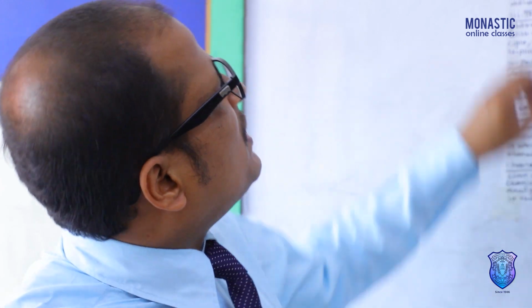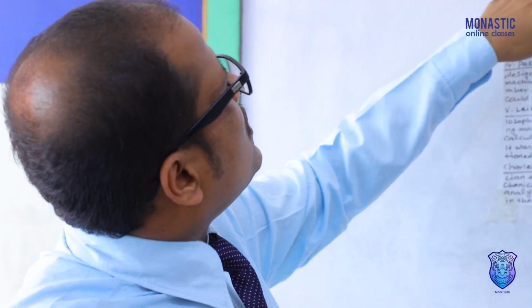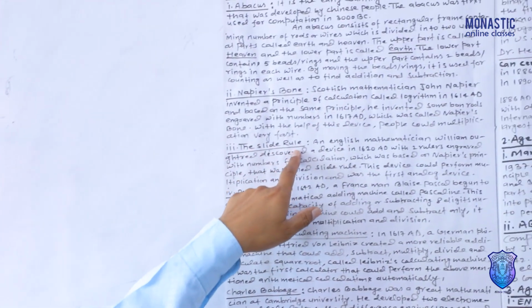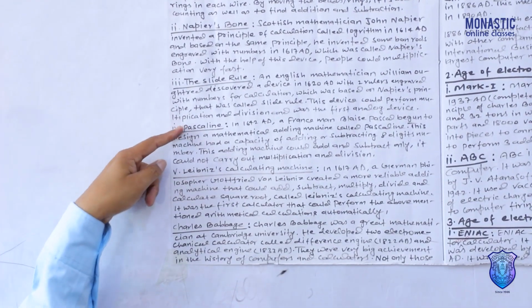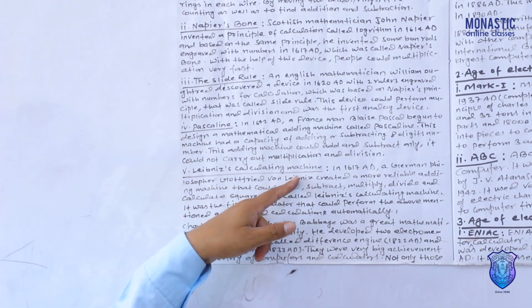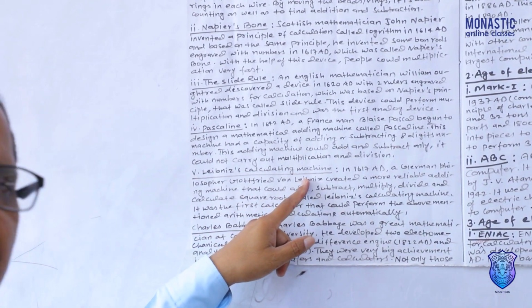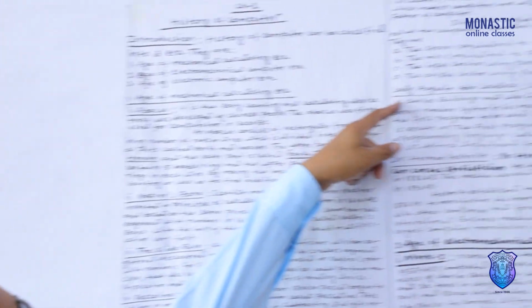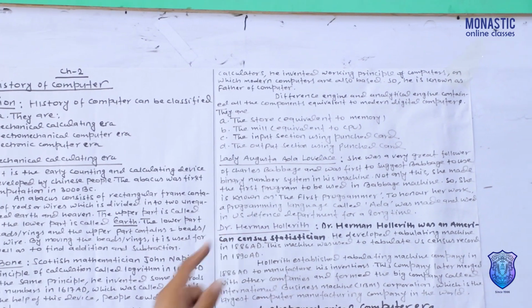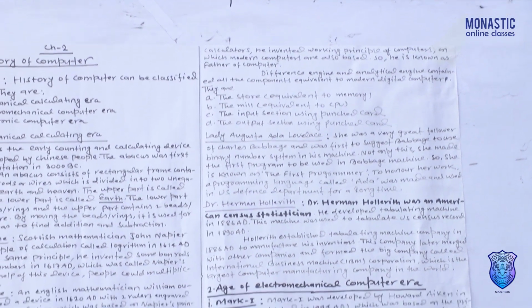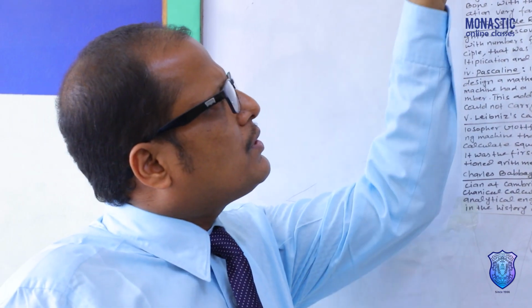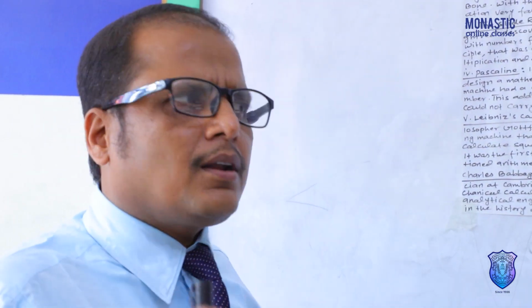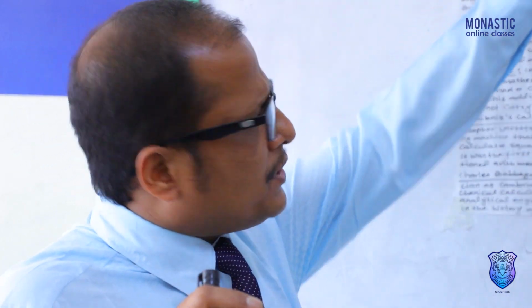That is, I will discuss here the abacus, Napier's bones, the slide rule, Pascaline, the Leibniz calculating machine, and some developers: Charles Babbage, Lady Augusta Ada Lovelace, and Dr. Herman Hollerith.